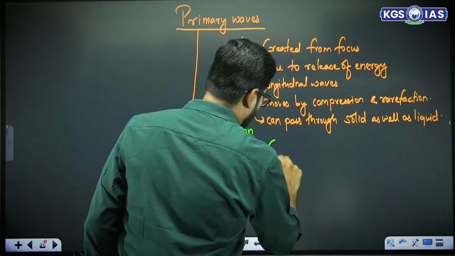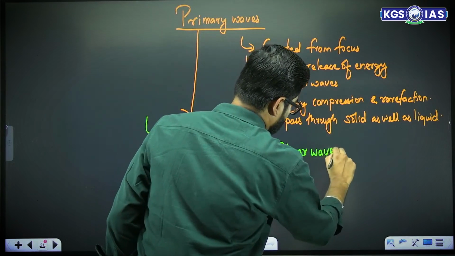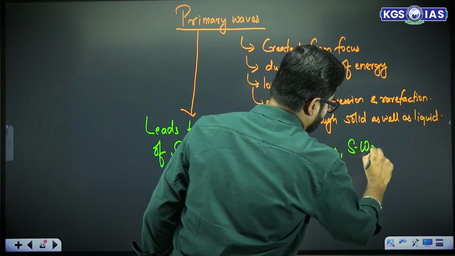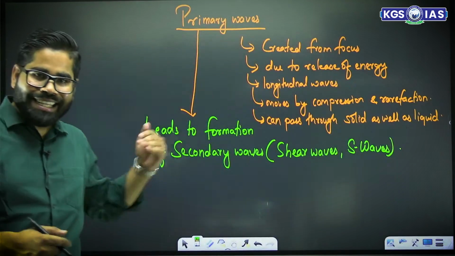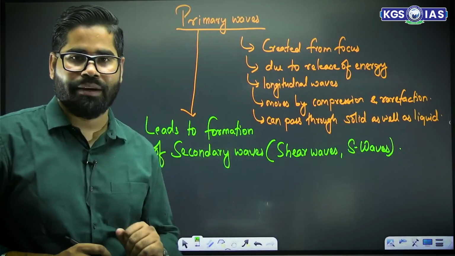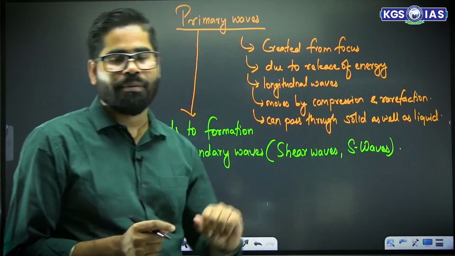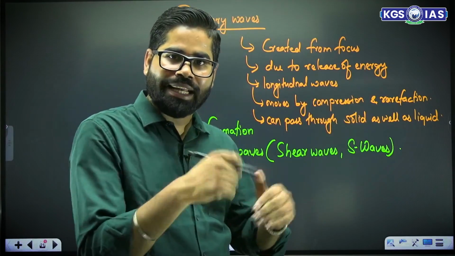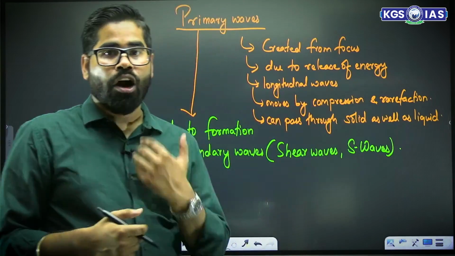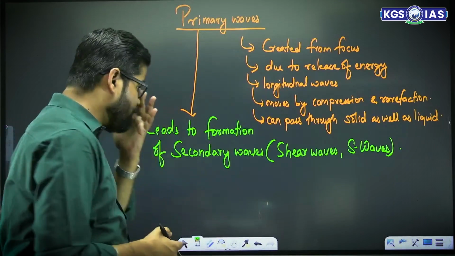They are also called shear waves or S waves. They are created due to the primary waves, because from every point on the primary wave, there is going to be the creation of a new wave, a secondary wave.